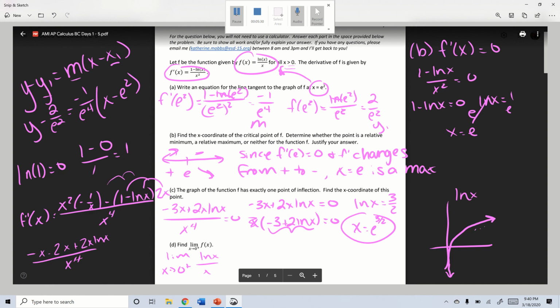So as we approach from the right, ln of x is approaching negative infinity. And then x, as we approach it from the right, is something really small. So you have negative infinity over something really small, which is just going to keep it at negative infinity, meaning that that limit does not exist.